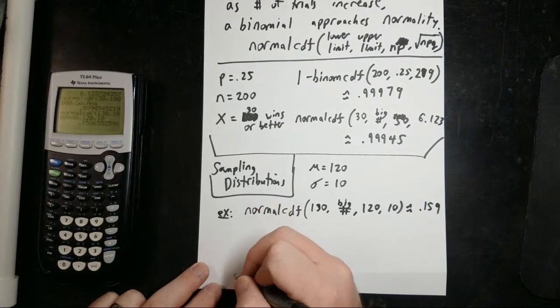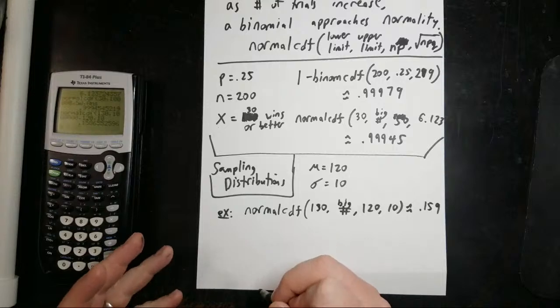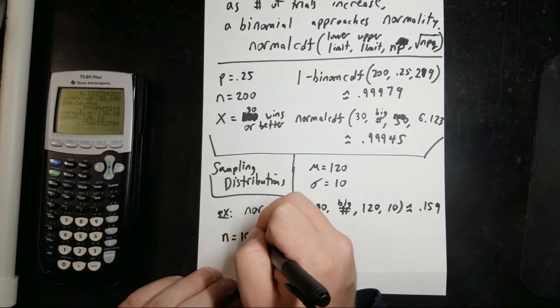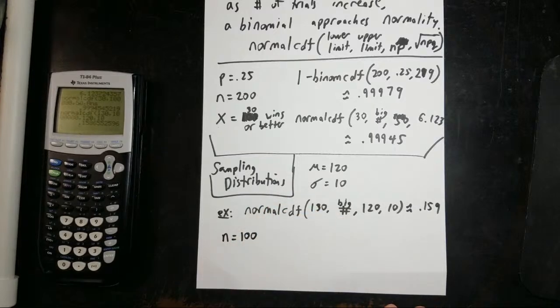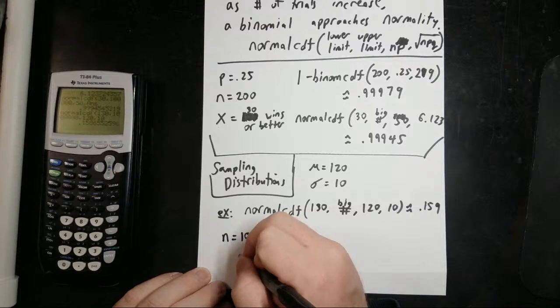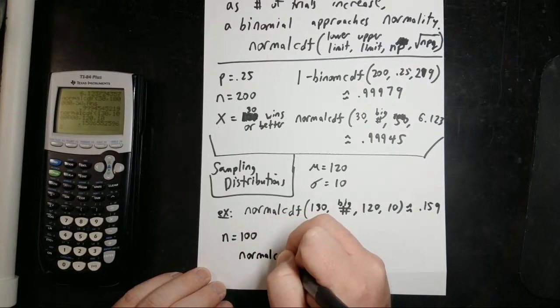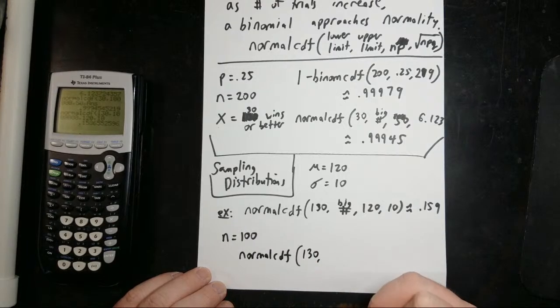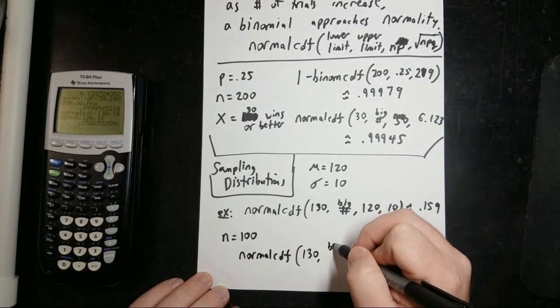If you had only 100 people, let's say a sample size of 100, not the population, with a sampling distribution, what are the chances that of those 100 people, I get an average of 130 or better?